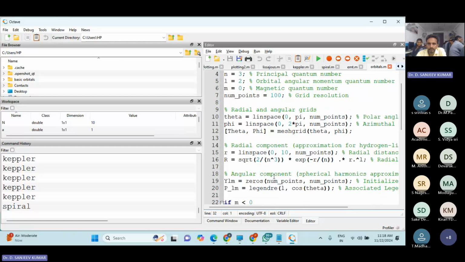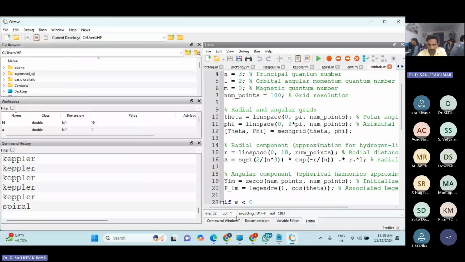So YLM is initialized to zeros, and PLM is a Legendre function. This Legendre function is a built-in function. So for Octave 9, it is a built-in function. For earlier versions, you may need additional toolbox. Okay, so for Octave 8 and 9 onwards, it is a built-in function.